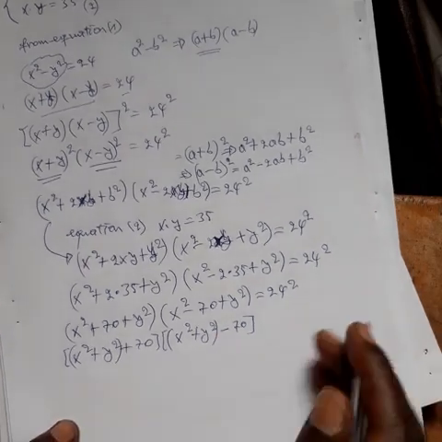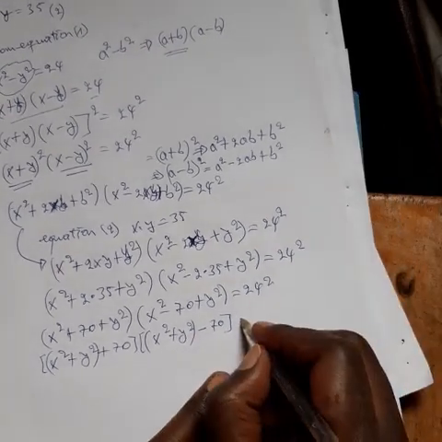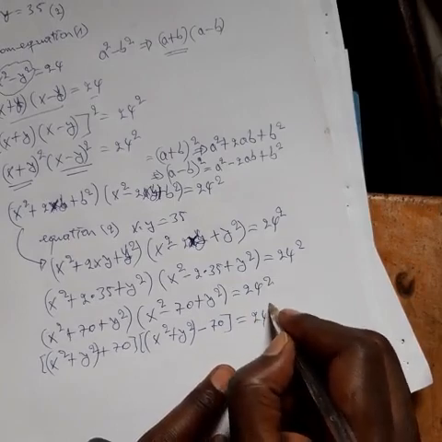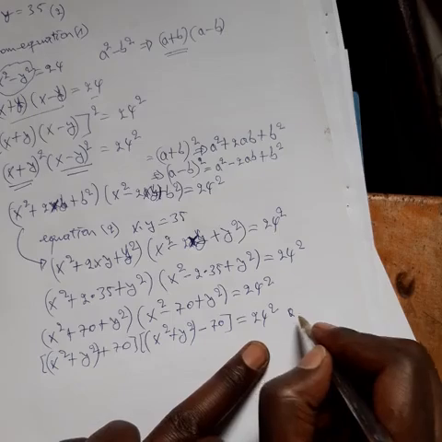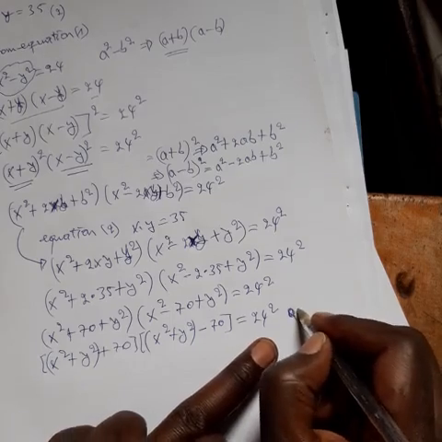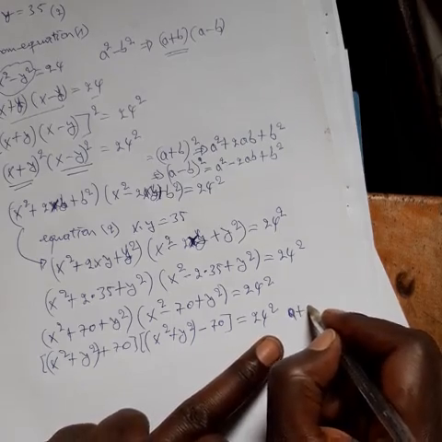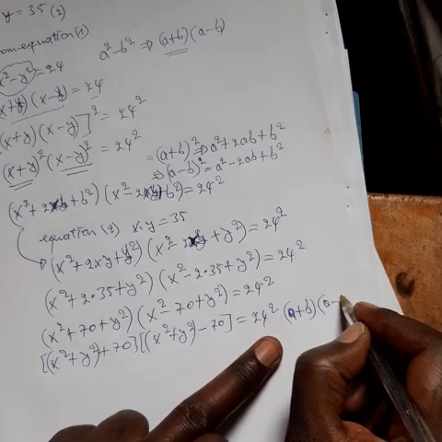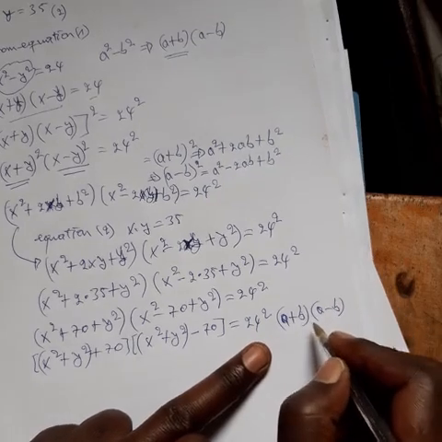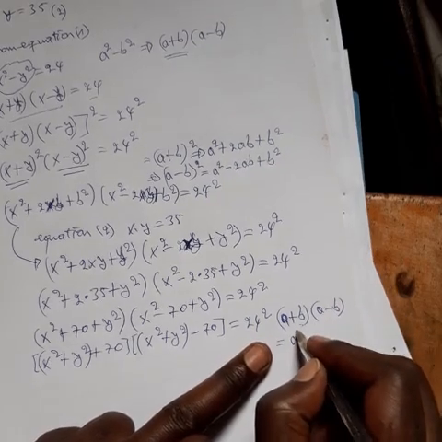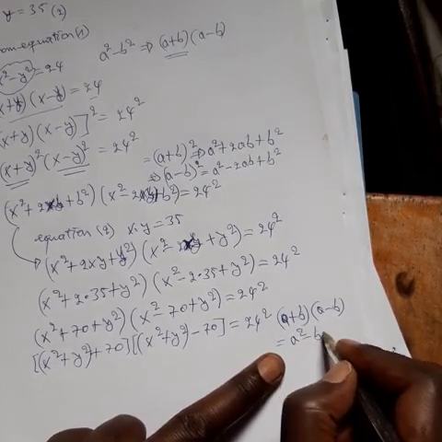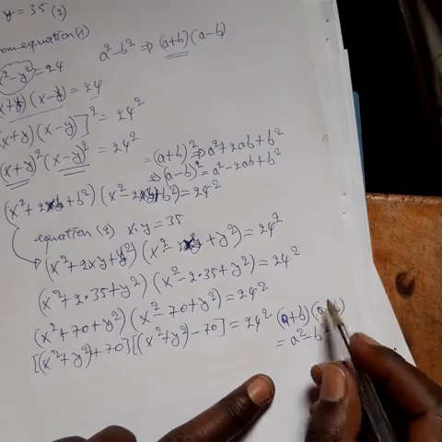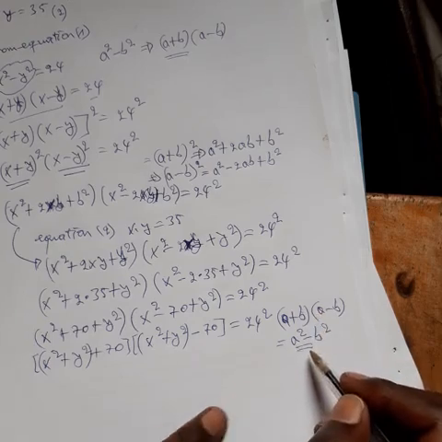Then this is the same as a plus b times a minus b, okay. So which is equal to a squared minus b squared, okay. So we're going to apply this formula too, okay.